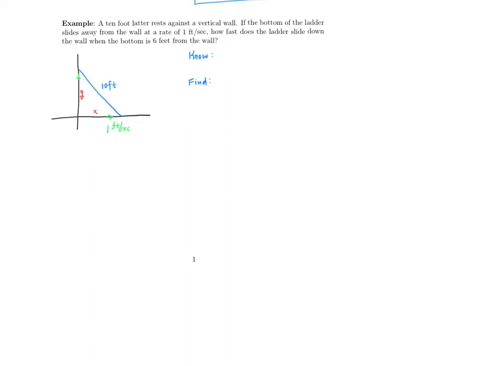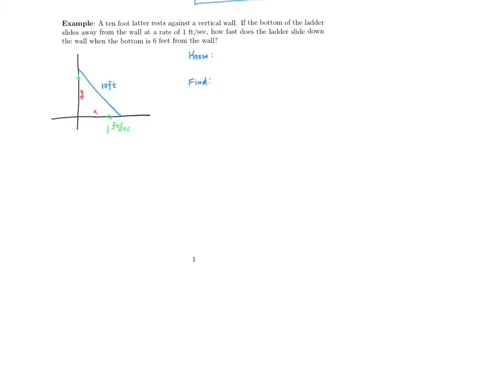So let's think what we know in this problem. We are given the information that the ladder slides away from the wall at 1 foot per second. So pause the video and write down for me, what rate of change do we know something about? And hopefully you've written something down now.